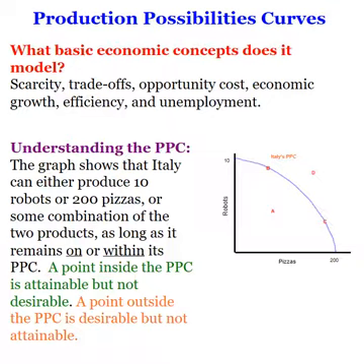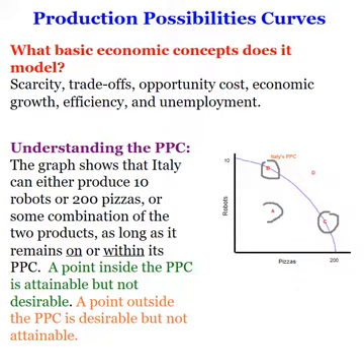So here at point B, that's on the PPC, that is on our production possibilities, which means it is possible to produce that much. At that point, you can tell we're producing mostly robots, but some pizzas. At point C, we're producing mostly pizzas, but some robots at all. Both of those points are possible.